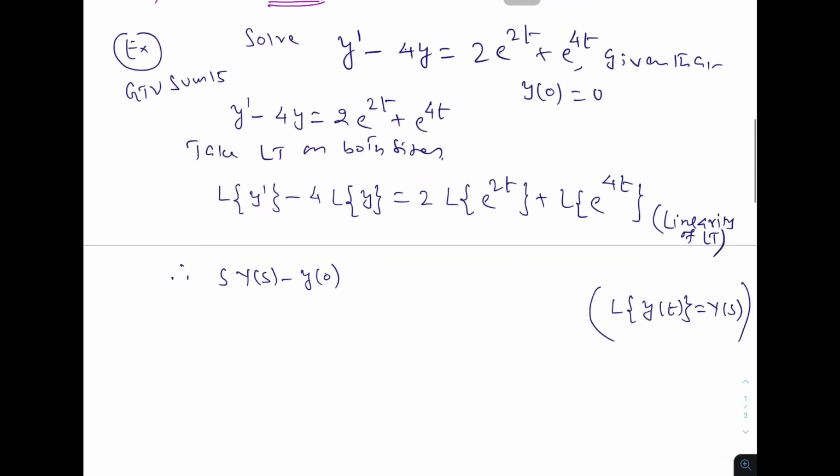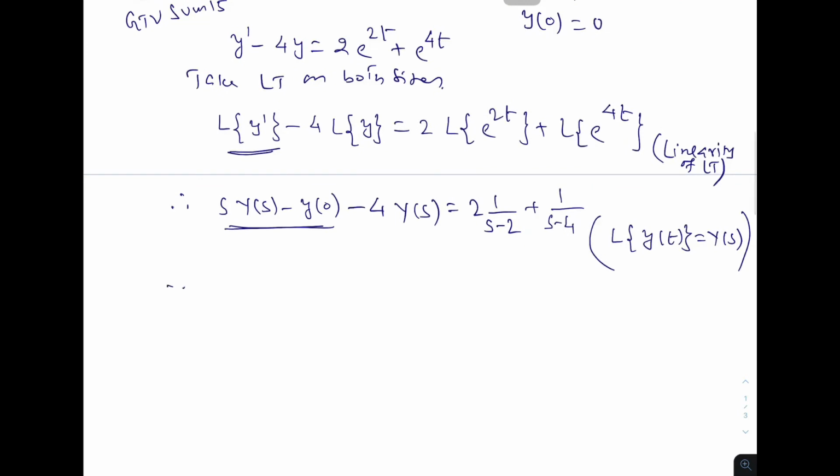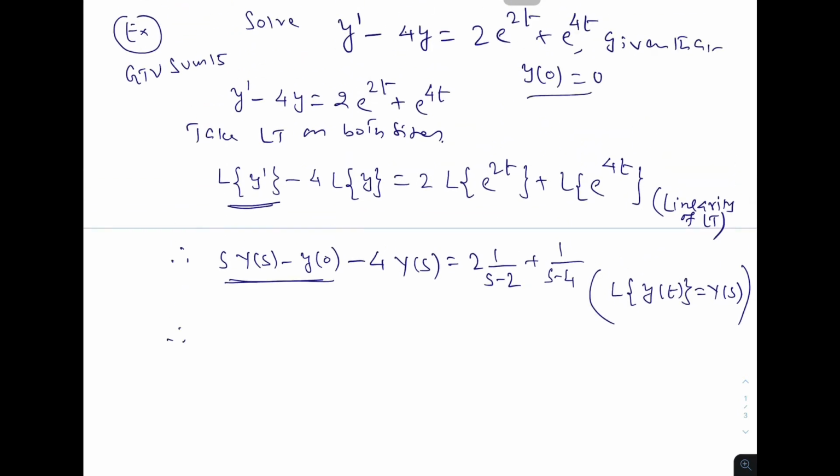So this is sY(s) minus y0 minus 4 Laplace transformation of y, which is Y(s), equal to 2 Laplace transformation of e power 2t. This is a standard formula. Now you should remember 1 over s minus 2 plus 1 over s minus 4. Now what is the next step? Next step is solve the equation for Y(s). So we need to make Y(s) the subject, and we need to use y at 0 equal to 0 also.